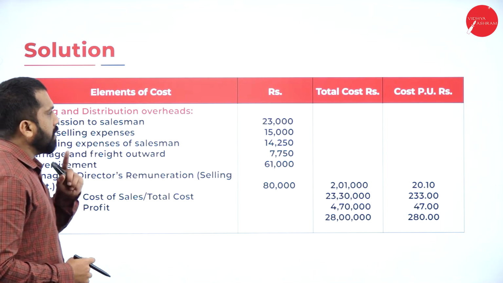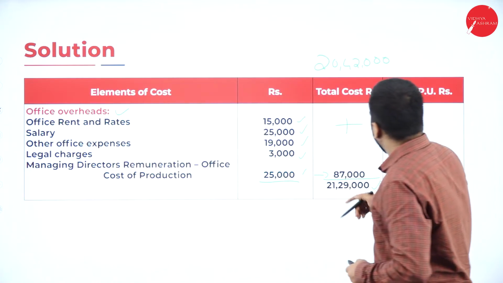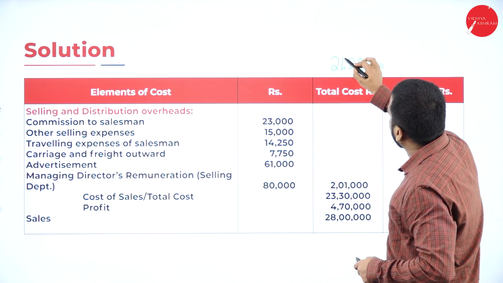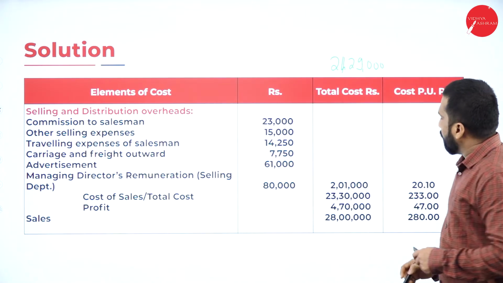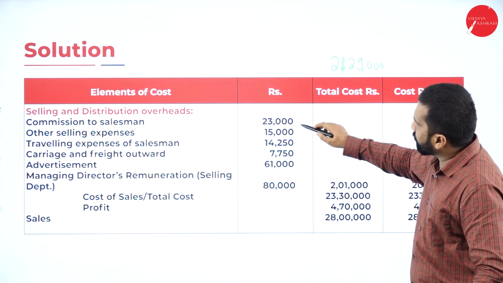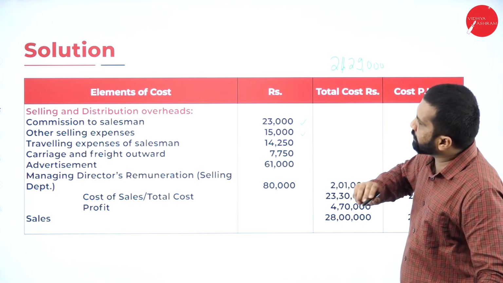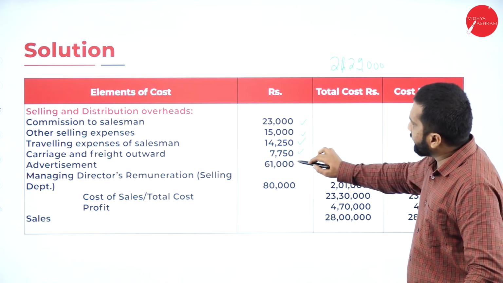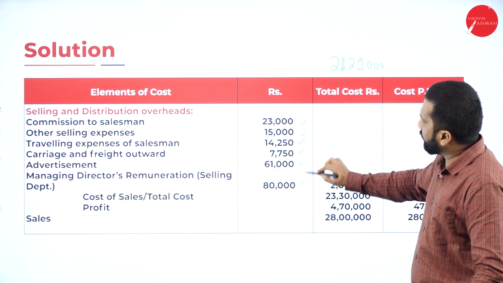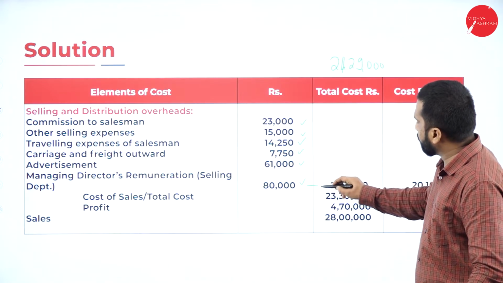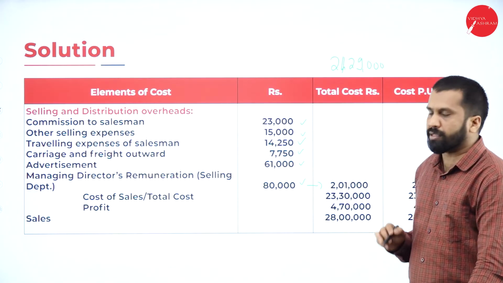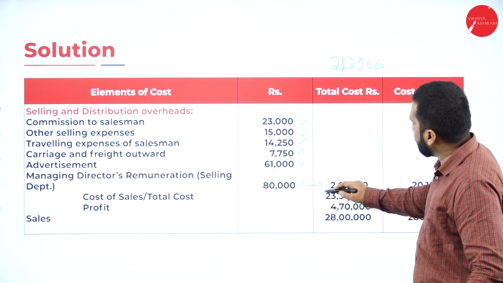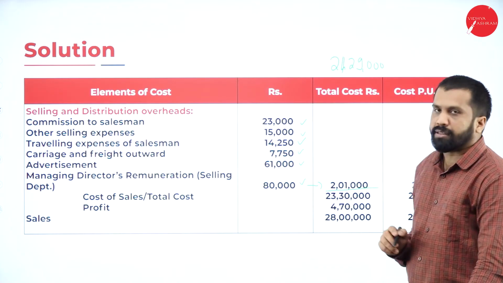Now, 21 lakh 29,000. For this you add commission to salesman, other selling expenses, traveling expenses, carriage, freight, advertisement, managerial salary. Add everything, you got 2 lakh 1,000. For 2 lakh 1,000, add 21 lakh 29,000, you get 23 lakh 30,000.